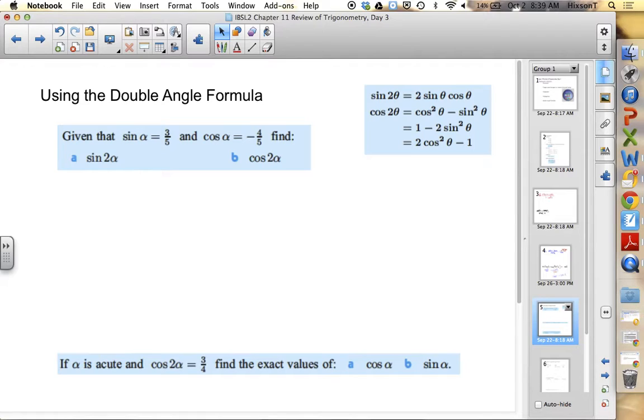So we're given sine of alpha equals 3/5 and cosine of alpha is negative 4/5. By the way, if you ever really hate whatever letter they use, just change it. If you don't like writing alphas and you want to just use x's, that's okay.